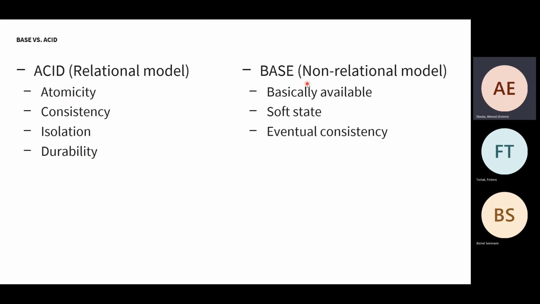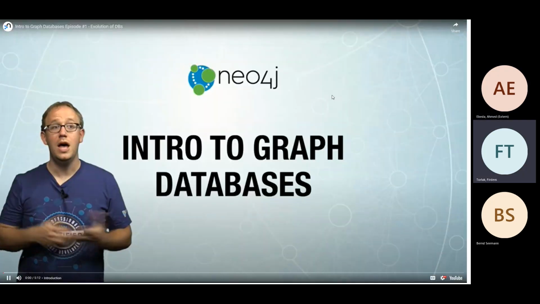And for the BASE non-relational model, it's basically availability is very high. Soft state, you can add whatever you want. Eventual consistency, it means whatever you add, it will accept it. Any type of data. That means eventual.